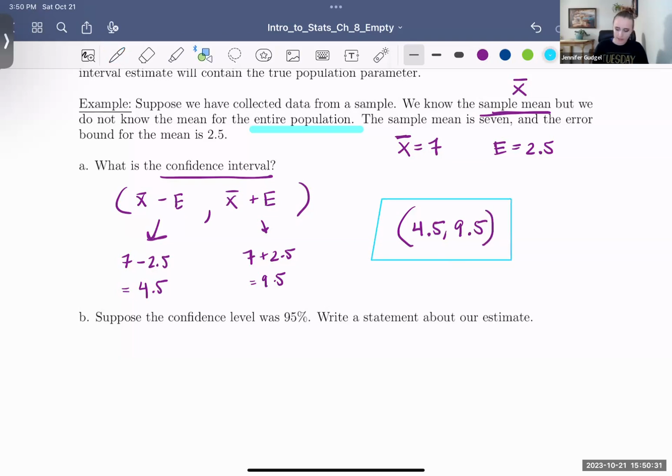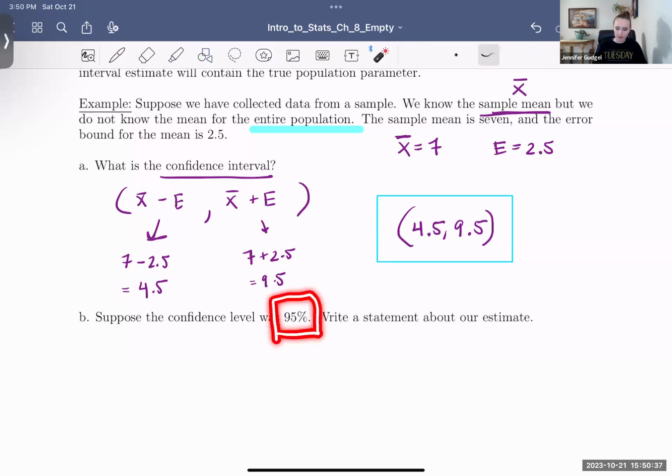And how we write this statement, they gave us a supposition. Again, normally you'll calculate the error bound, and that error bound will be coming from how confident you are. Here we say, suppose the confidence level was 95%. You need that for your statement because your values are dependent on what confidence level you used when you made your calculation.